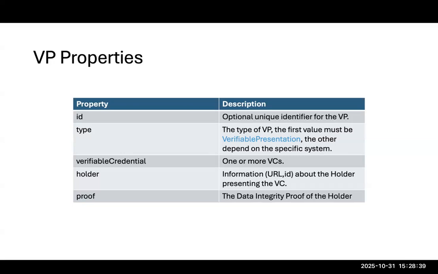Verifiable credential contains all verifiable credentials, one or more. Again, you can have a vector of verifiable credentials, but you have to put inside the whole verifiable credential. Holder, a URL or a DID, an identifier of the holder that is present in the VC, and the data integrity proof.